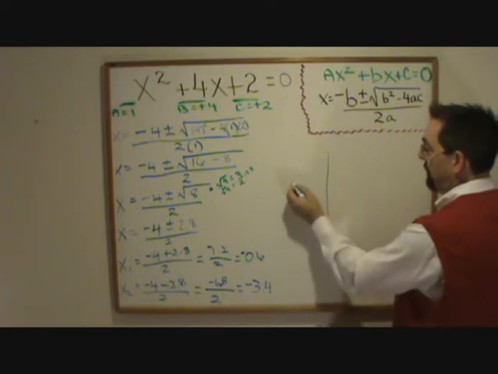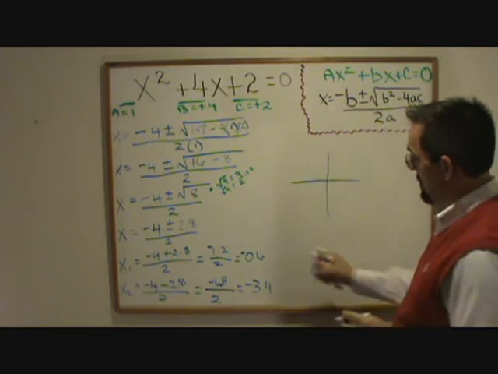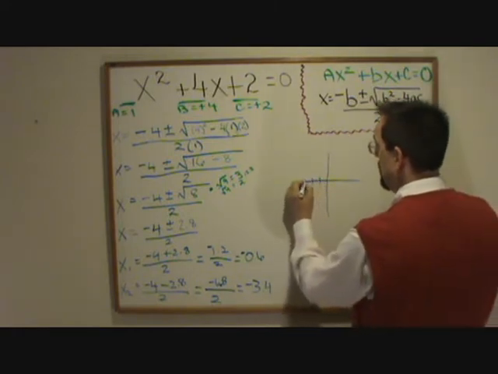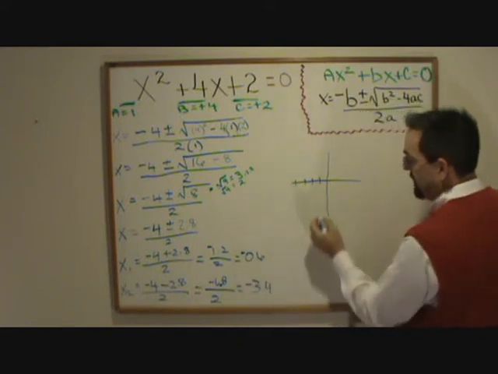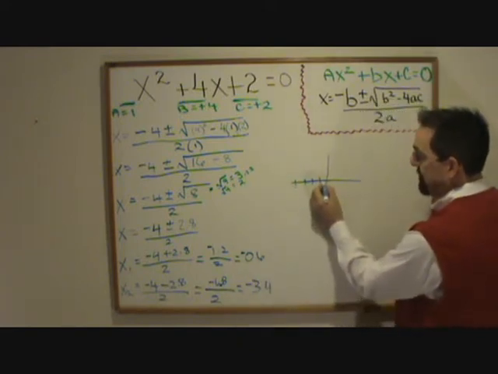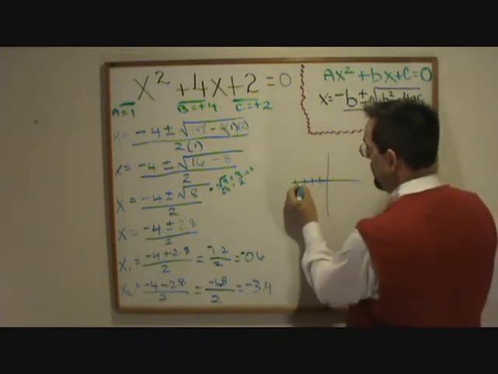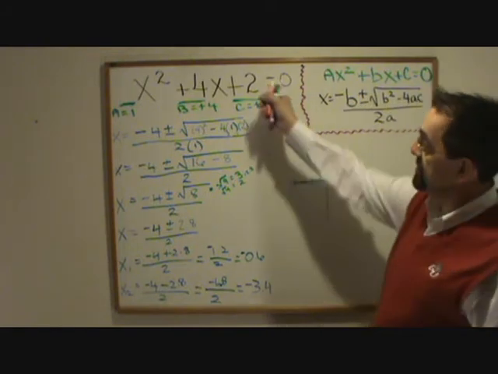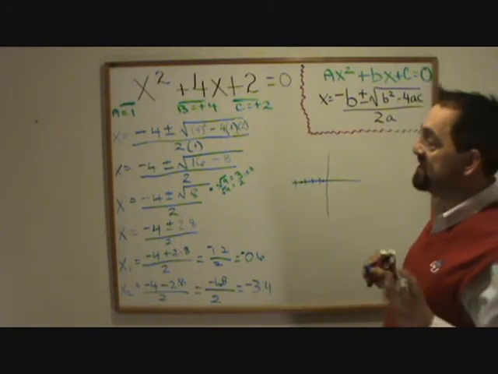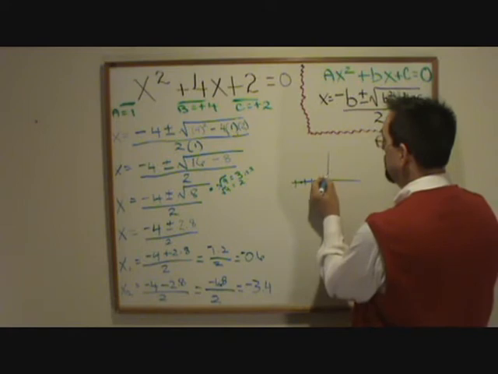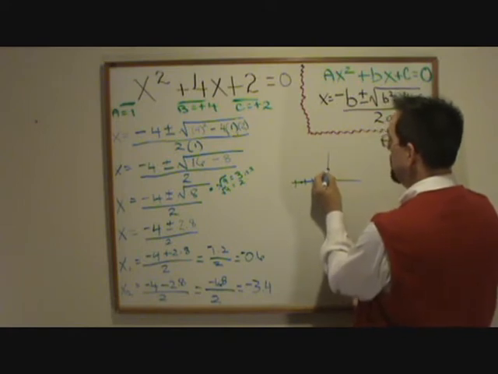Using the quadratic formula, minus 0.6, so it'll be about right there. Minus 3.4, about right there. Y-intercept, when x is 0, plus 2.